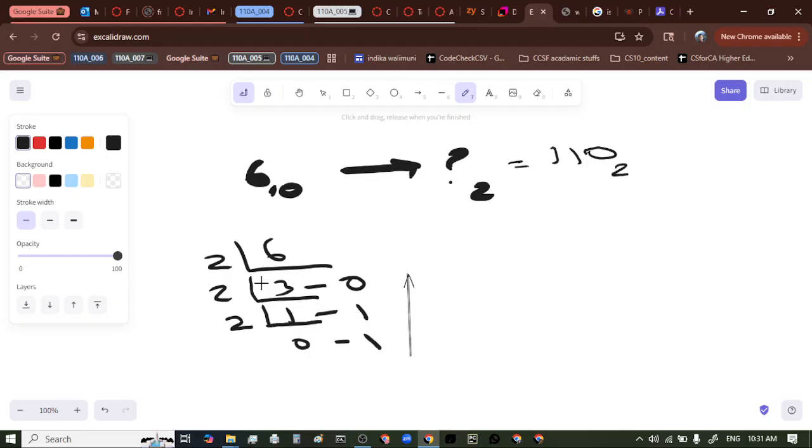Whatever base you want, that's the number you start dividing by. This process is called repeated division, and this is the technique to mathematically convert between number systems. All right. So this is from base 10 to 2. Okay. So let's go for the next one. I'm going to dump this one.